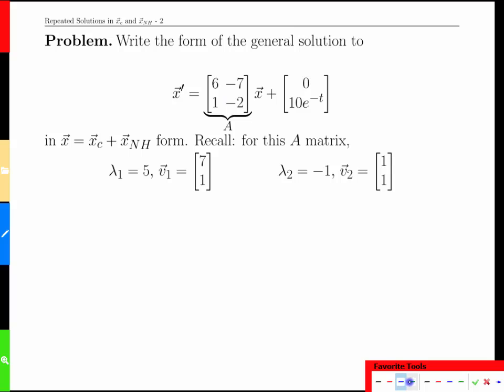So we have here again a non-homogeneous part to a differential equation system.